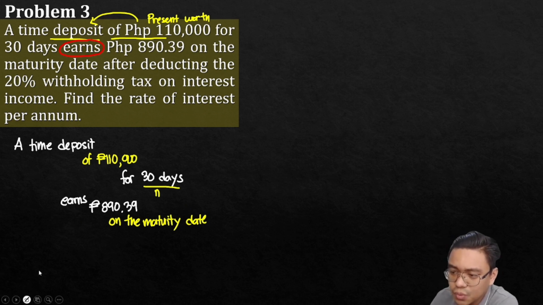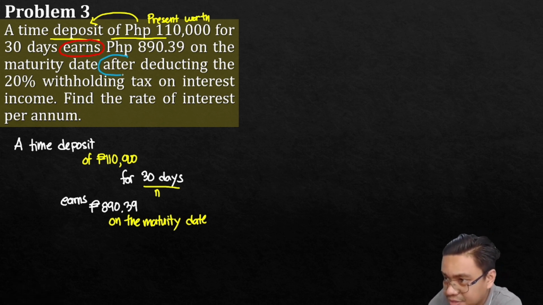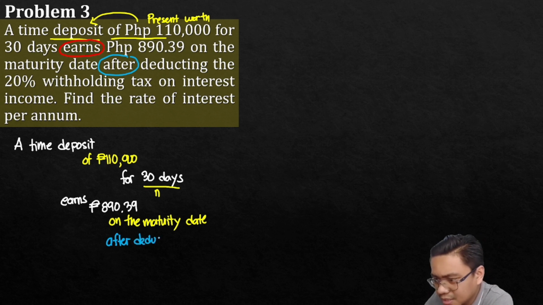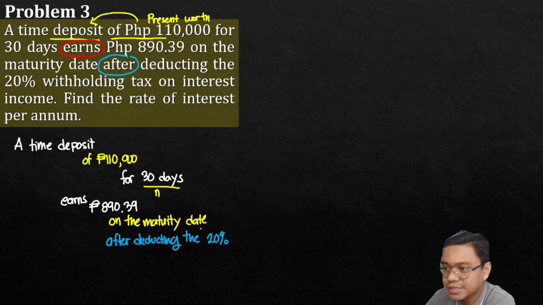But this one, there's another preposition. There's the word there, very interesting. The word after. So let's be very careful with this one. So it says here, after deducting the 20%.